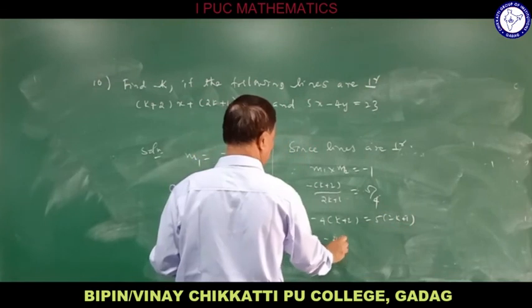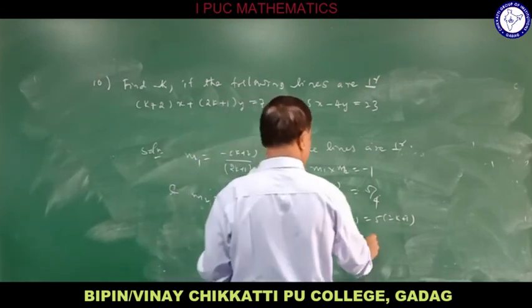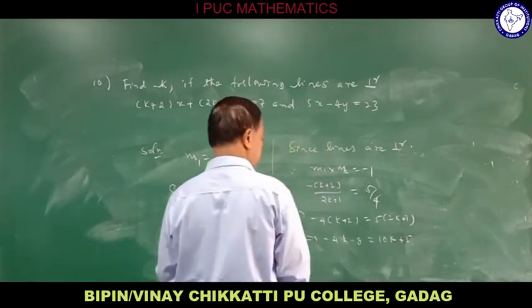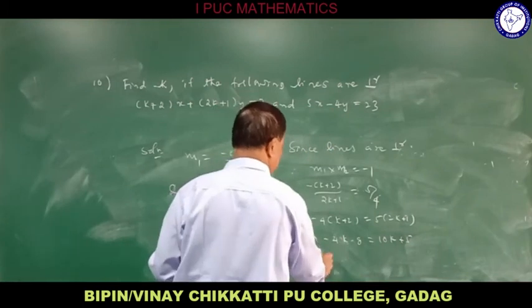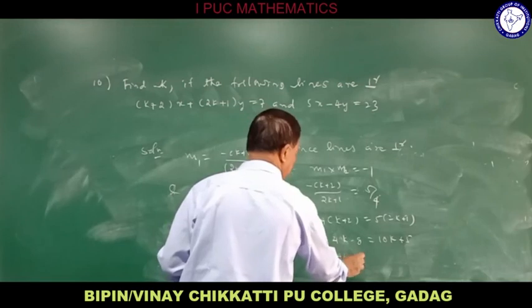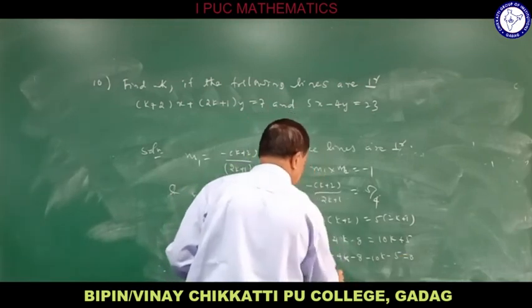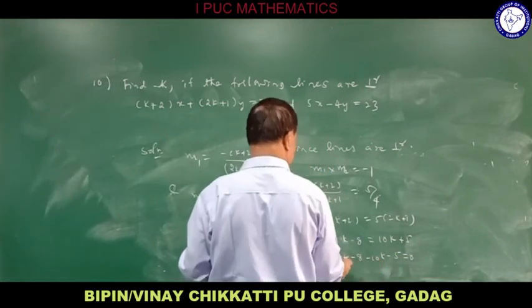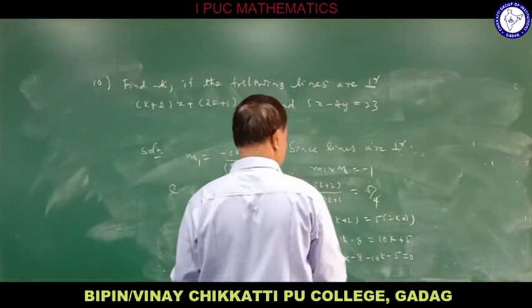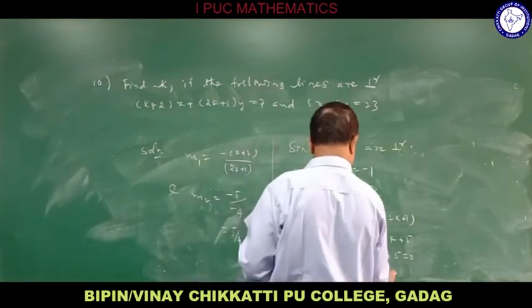Simplifying, minus 4K minus 8 is equal to 10K plus 5. Taking everything together, minus 4K minus 10K is minus 14K, and minus 8 minus 5 is minus 13.